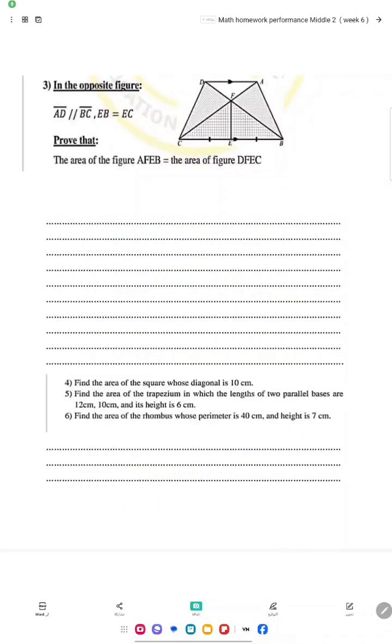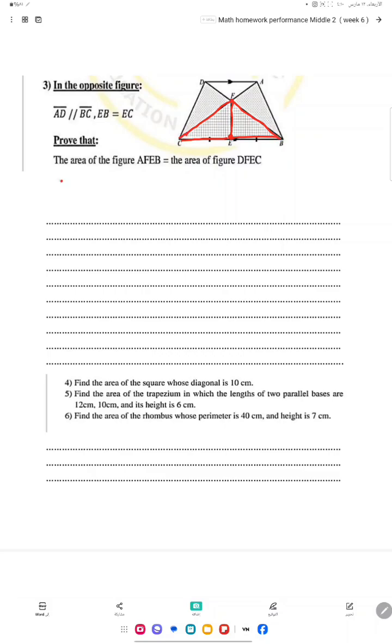Now let's start with question 3. In the opposite figure we have AD parallel to BC and EB equals EC. Let's start here. We have equal bases. EB equals EC. Okay, E is the midpoint, so FE is the median, which divides the triangle into two triangles equal in area.